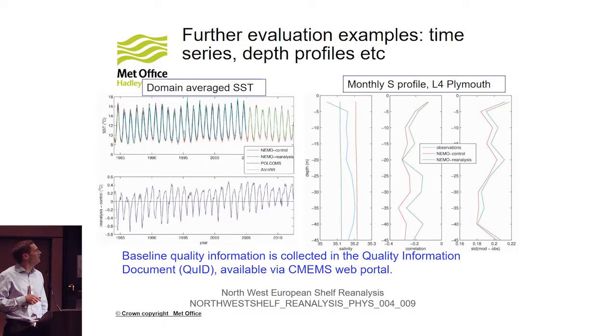So neither the free run nor the assimilative run are doing particularly well. And I guess we want to make sure that the QUID provides the information that users want, not to just assume that a downscaled product will be better. But if we're highlighting places where we know we wouldn't want people to trust that information, then that's really useful. We're not just trying to make our models look as good as possible.